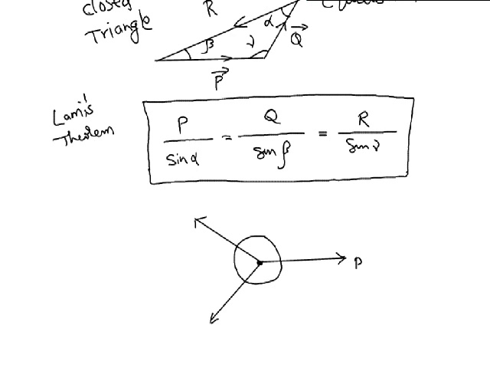Let us say one force is P, another force is Q, another force is R, and the angle between Q and R is alpha, then this angle is beta, and this angle is gamma. Then Lami's theorem says that P by sine alpha is Q by sine beta is R by sine gamma if the forces keep the body in equilibrium.